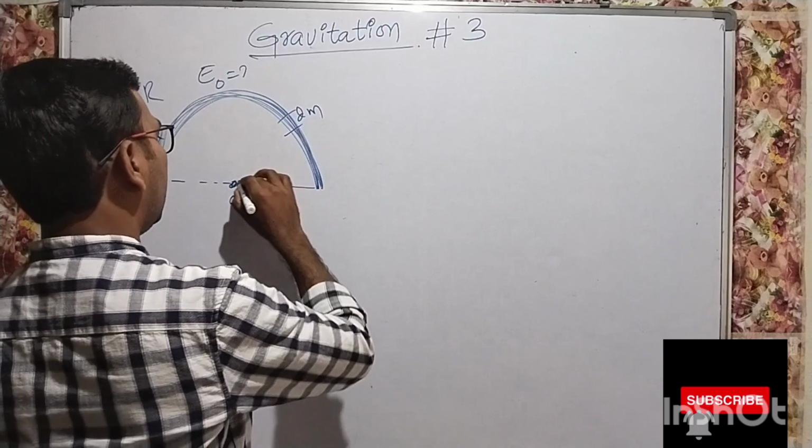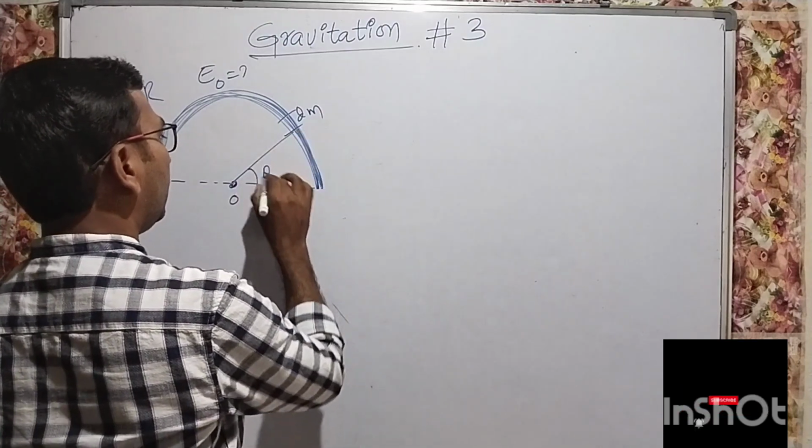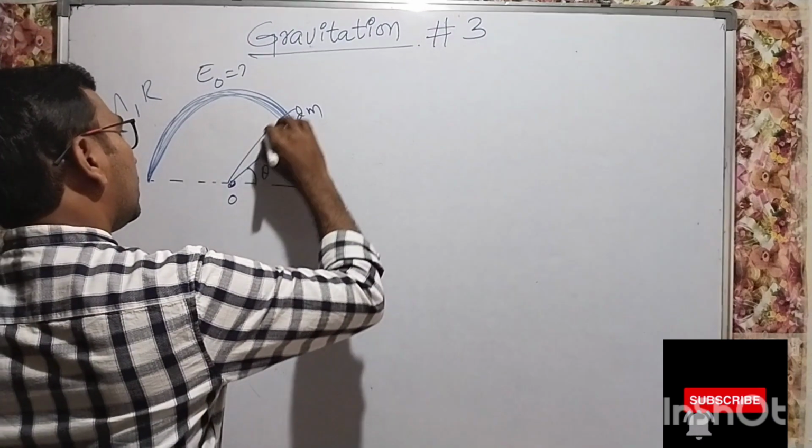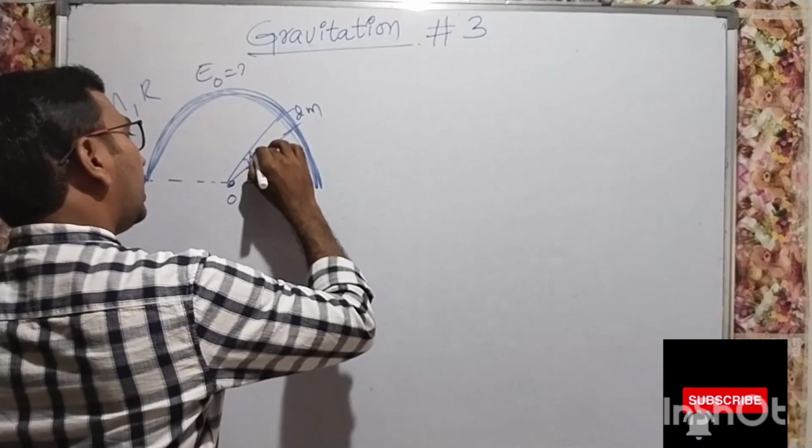That dm makes an angle theta with this reference, so dm subtends an angle d theta.